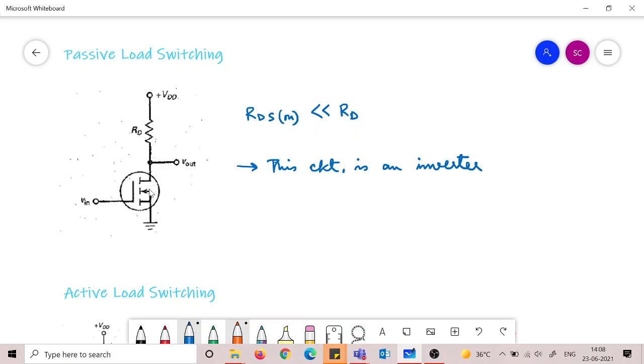The resistance in the drain-source channel, which is the RDS on resistance, is very small compared to RD. Then your entire current is due to the resistance offered by RD only. RDS on does not play a part in that. So this is the assumption here.